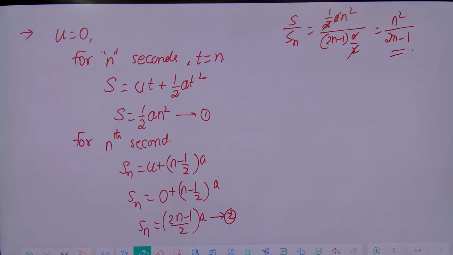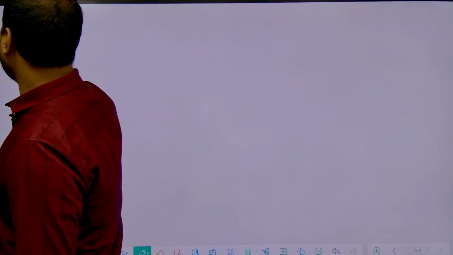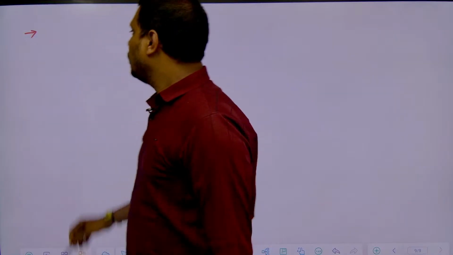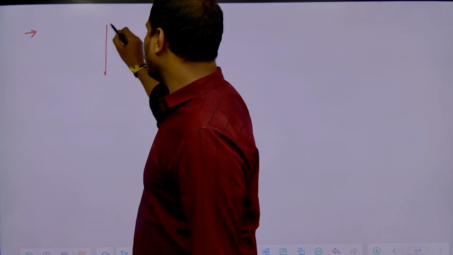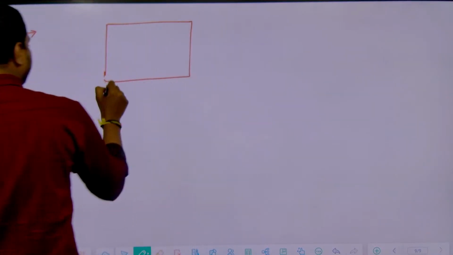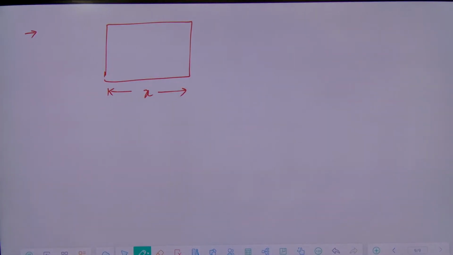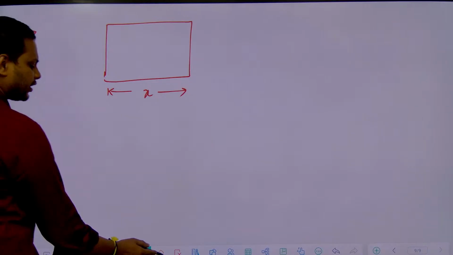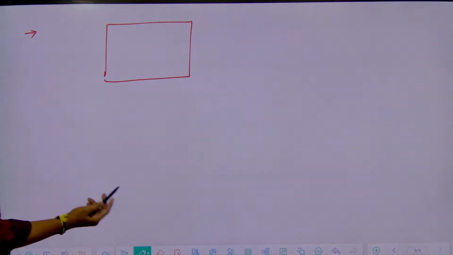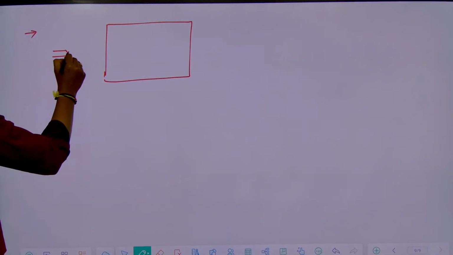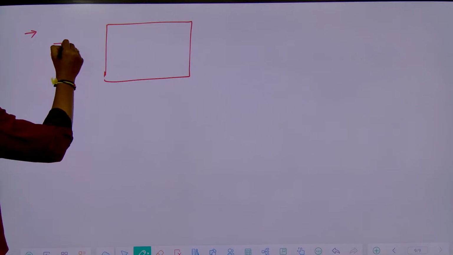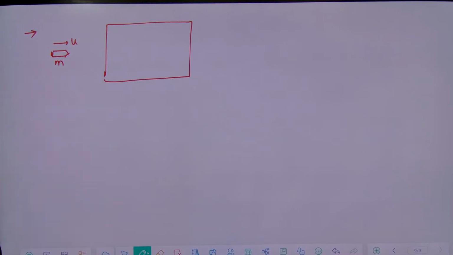Is it done? Now see, the next question is that, let us consider a wooden block. I'll take the thickness of this wooden block as x, or else I'll take the thickness as t. It's anything you can take. I'll fire a bullet of mass m with velocity u onto this block.